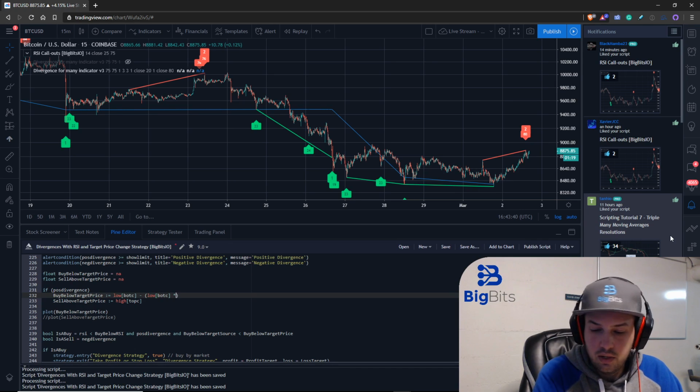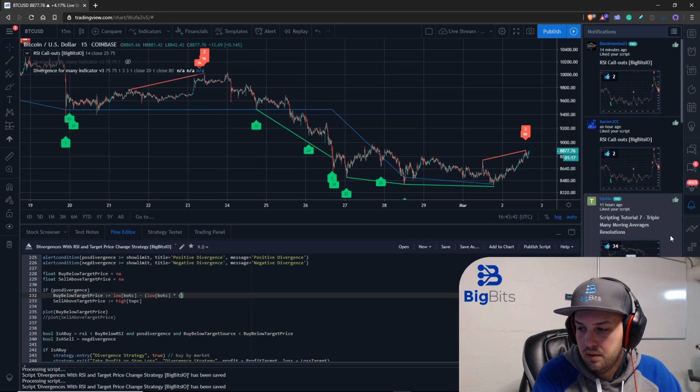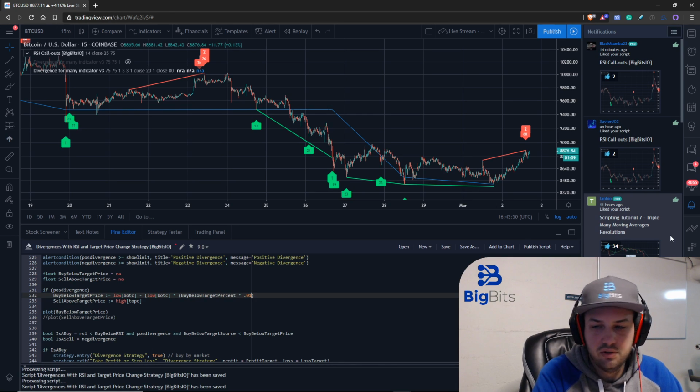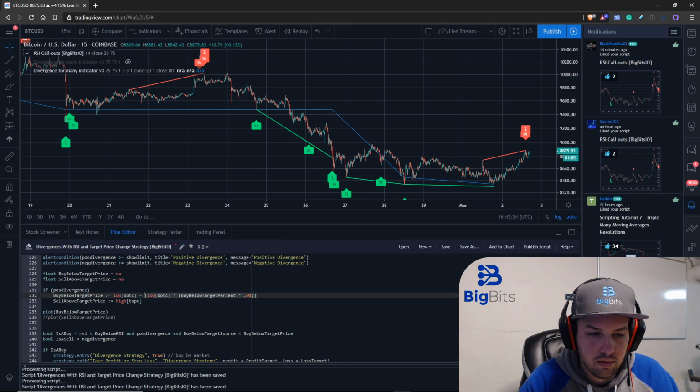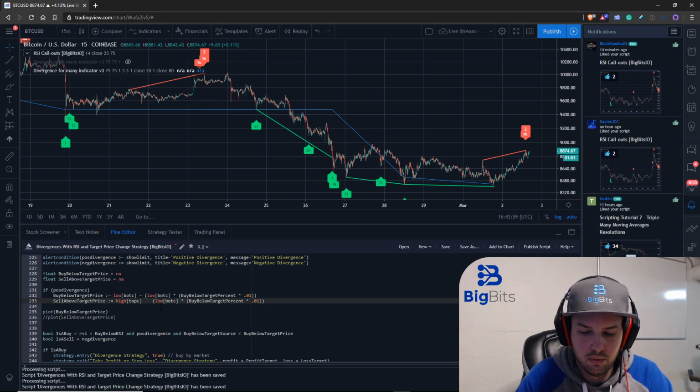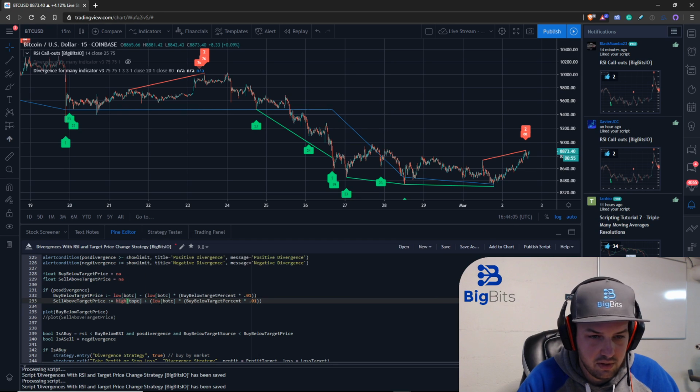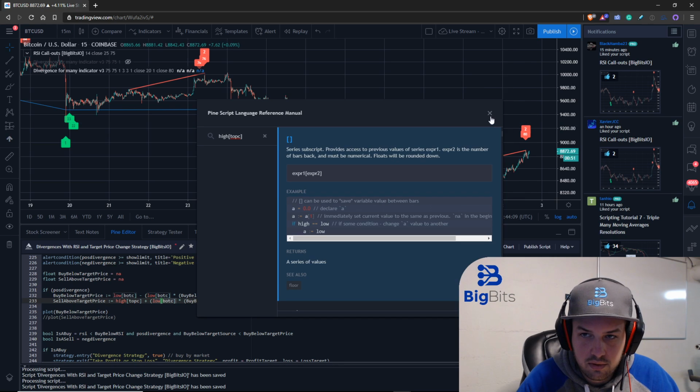C times our percentage, our buy below target percent times 0.01. I believe that should take care of it. And on this one, of course, we would want to add the percentage of the sell above if we ever get around to actually doing this.